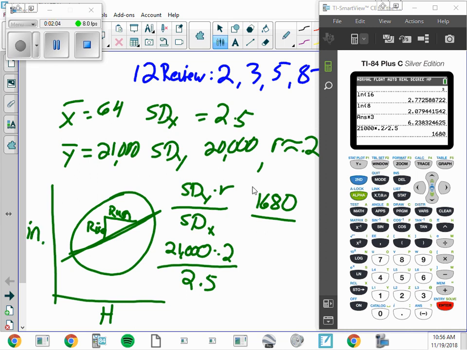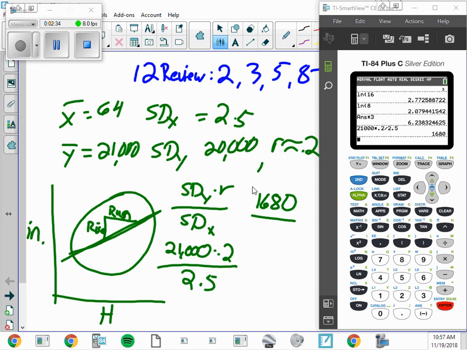What does 1680 mean? For every 1 inch increase in height, there is an equivalent $1,680 increase in income. So apparently, the taller you are, the more money you make.